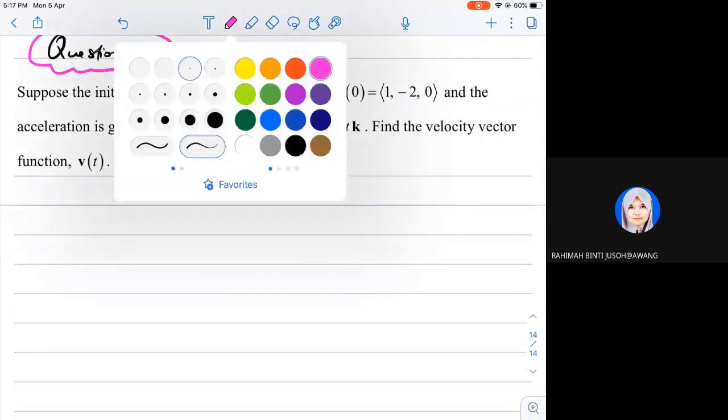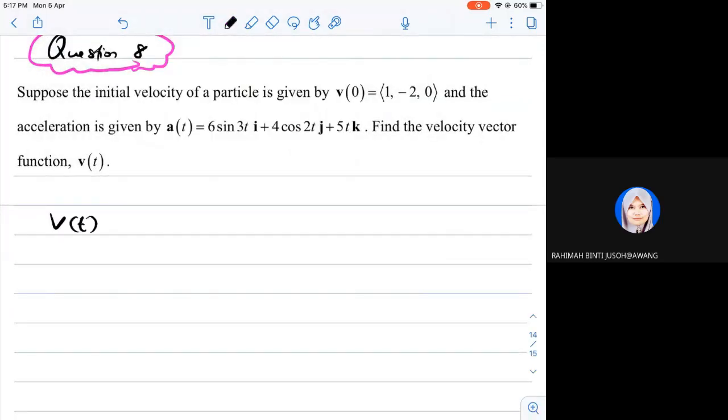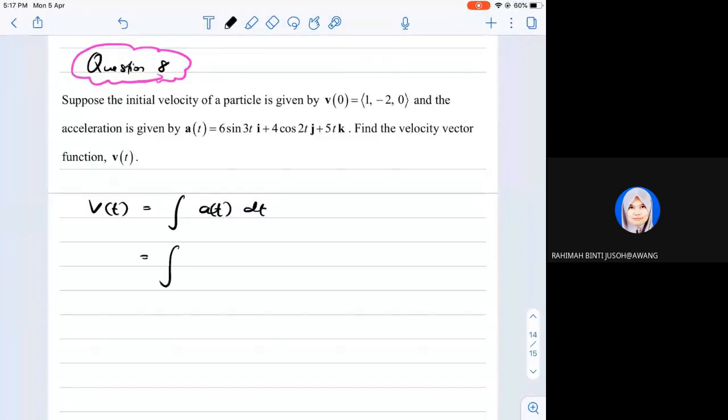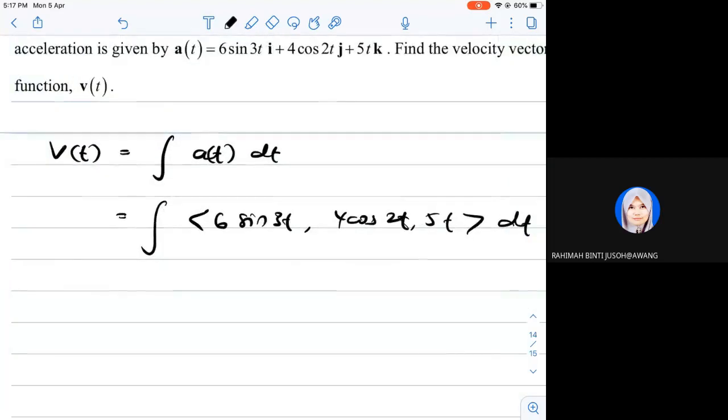Okay, now we have to find the V(t) equals to integration of A(t), integration of acceleration. So you kena integrate 6 sin 3t, 4 cos 2t, and then 5t, dt. Okay, so now guys, nak integrate ni 6 sin 3t, you kena bawa ke mana 3 ni?